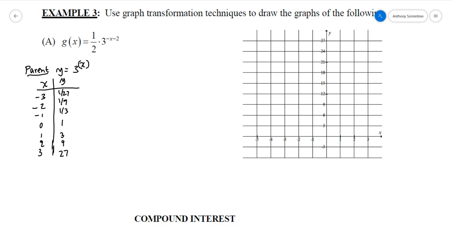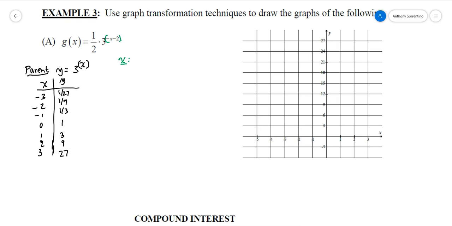I don't really need to have it for that version of it, but it's around it. So any operation going on in the exponent is going to be a horizontal transformation. Anything being multiplied or added to the base is going to be vertical. So when I look at this first one and I say, okay, use graph transformation techniques to draw the graph of this, this is all inside the parenthesis, the 1/2 is on the outside.